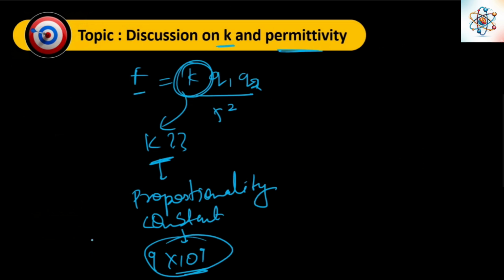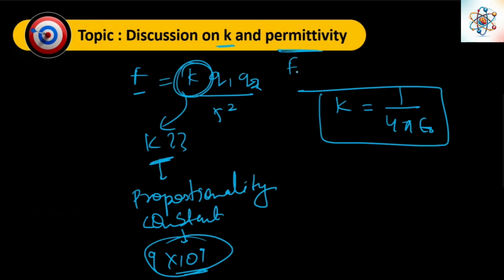And this is something which depends upon the medium. Coulomb's force, or electrostatic force, is medium dependent. So if the medium changes, it becomes water, some sort of mixture, some sort of air, some sort of gas, then something present in this 9 into 10 to the power 9 might change.